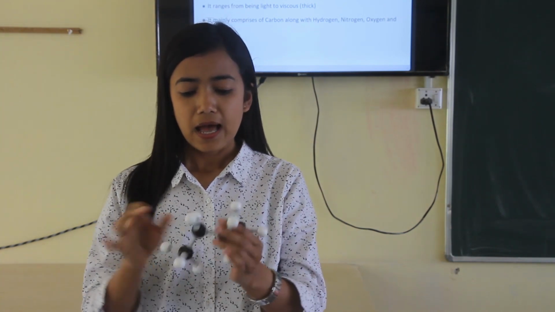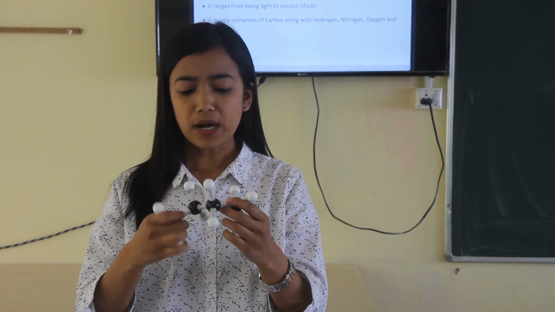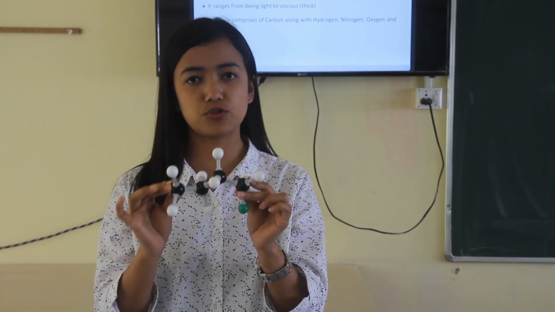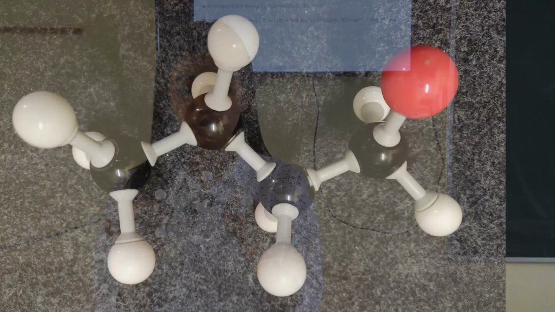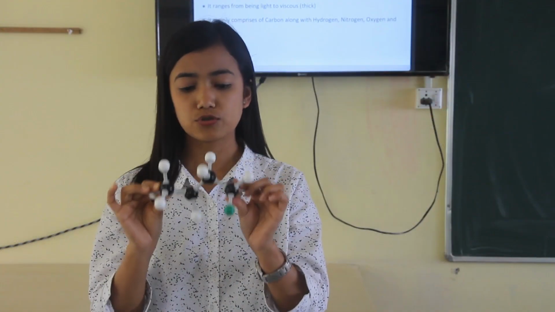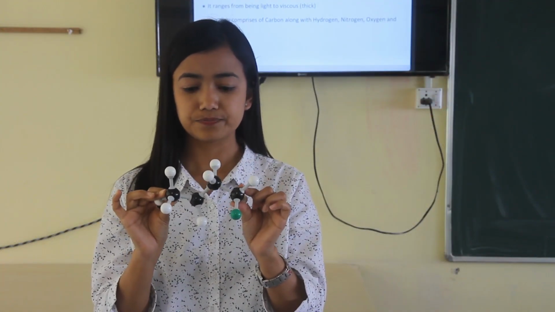Its components are mainly carbon, and I am holding one of the possible structures of petroleum. So it mostly comprises carbon, which is represented by the black ball over here, with a little amount of hydrogen, oxygen and other atoms. So this is a general structure of petroleum.